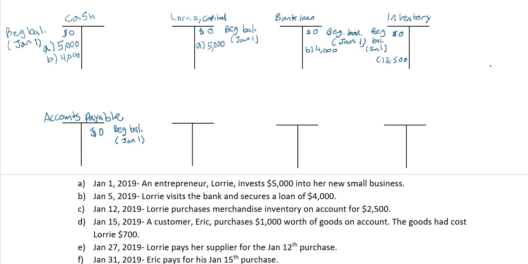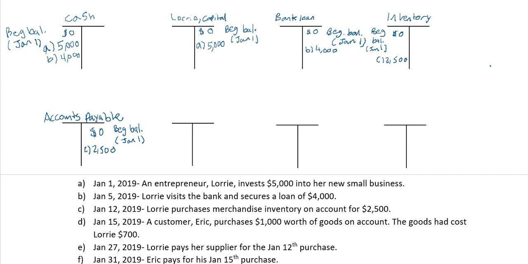And we're going to go ahead and make a credit entry for transaction C, $2,500 in accounts payable.